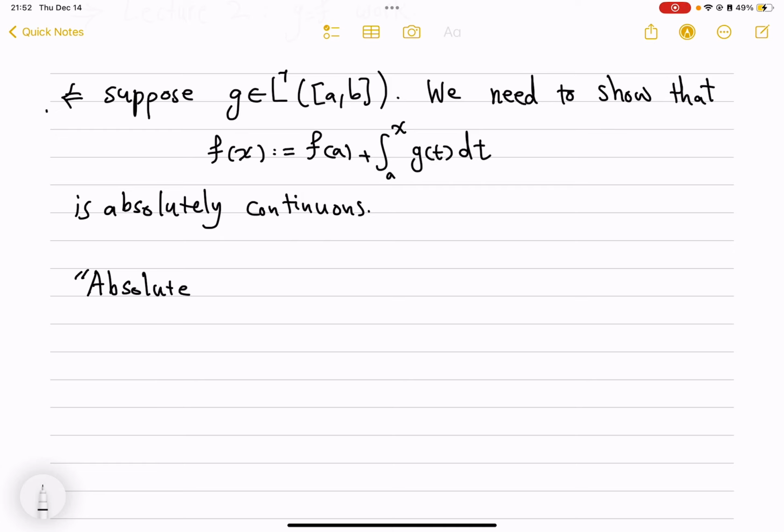This is famously known as absolute continuity of integrals, which is correct in much more generality, but let me state it for Rn.